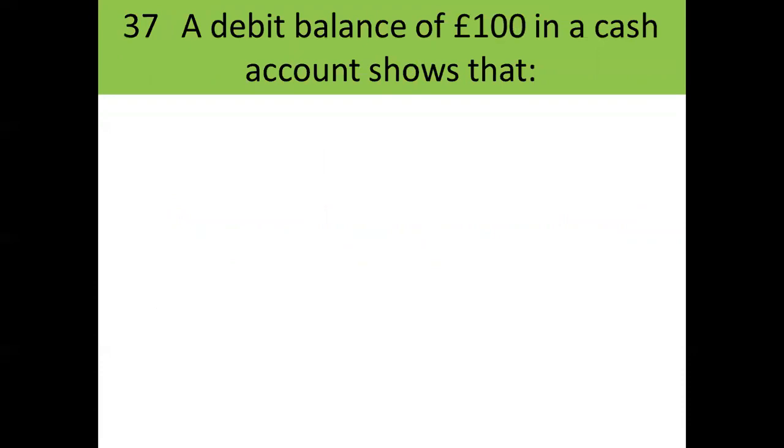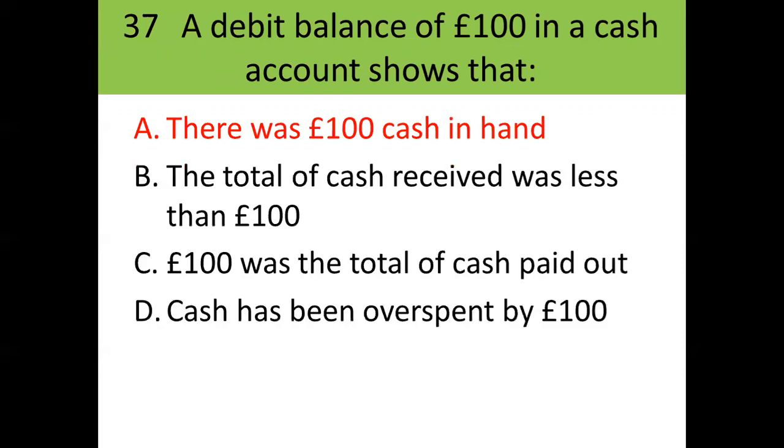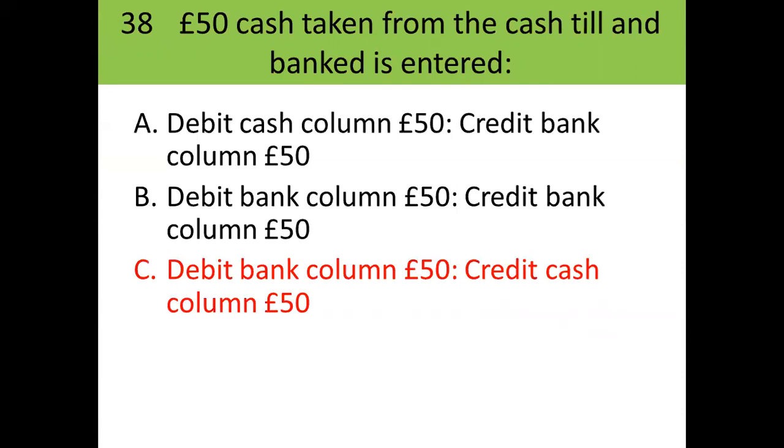A debit balance of £100 in a cash account shows that there was £100 cash in hand, or you have that amount in your safe box. £50 cash taken from the cash till and banked is entered by debiting the bank column with 50 and crediting the cash column with 50, which means you put the money into your bank account and you took 50 from your cash till box.